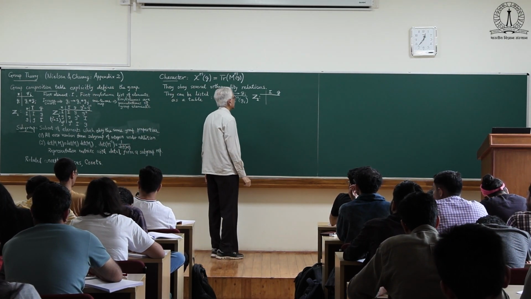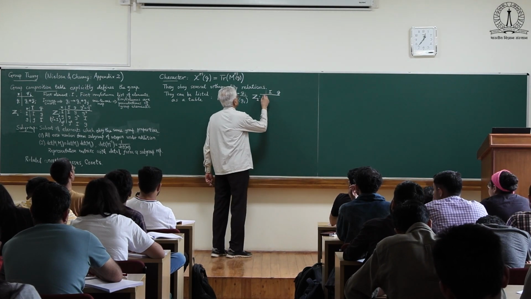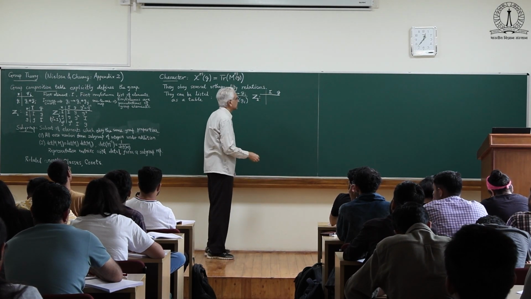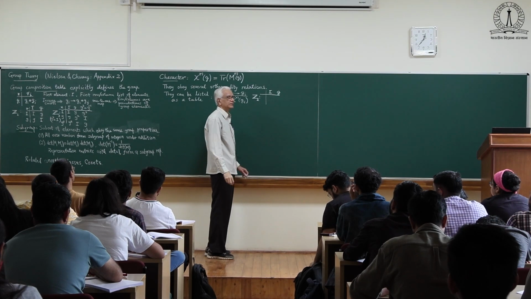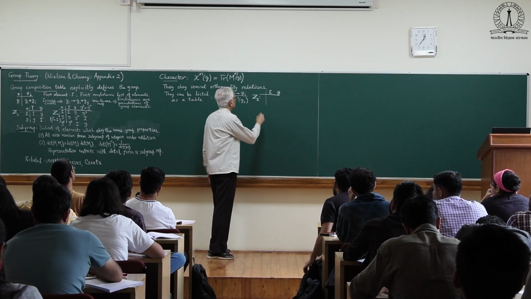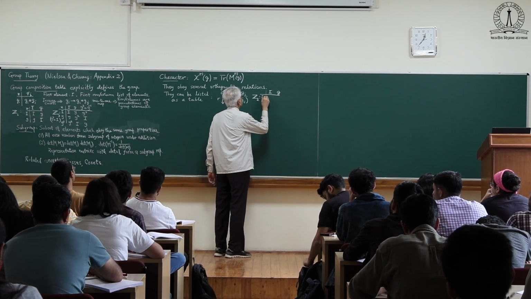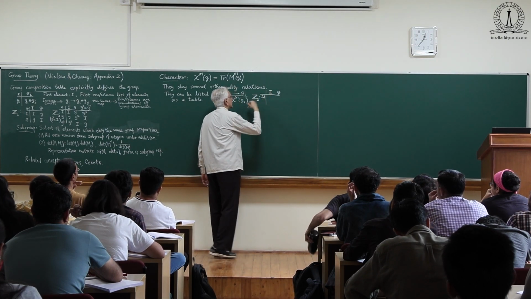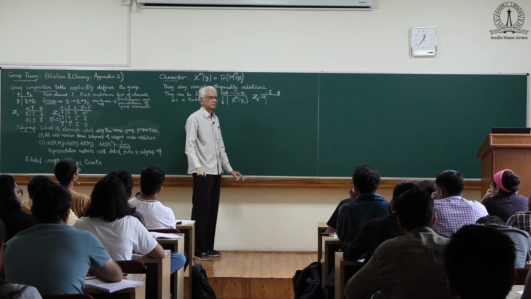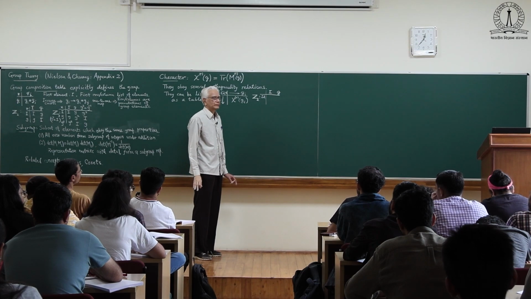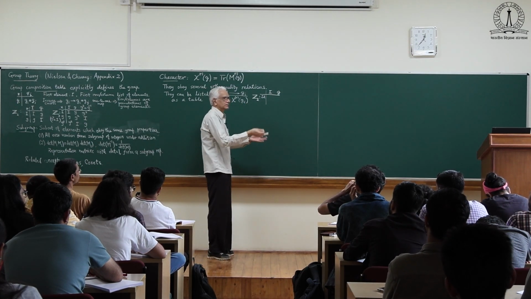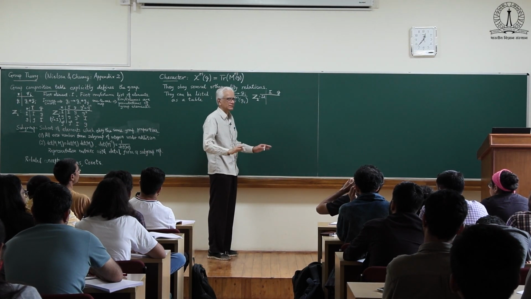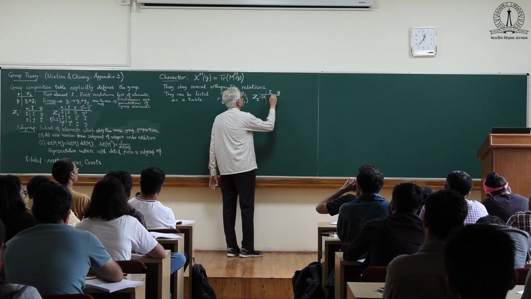What are the representations? So one of the representations is always there, which is the trivial or the identity representation, where every element is mapped into 1. Okay. And trace of 1 is 1, nothing more complicated than that.